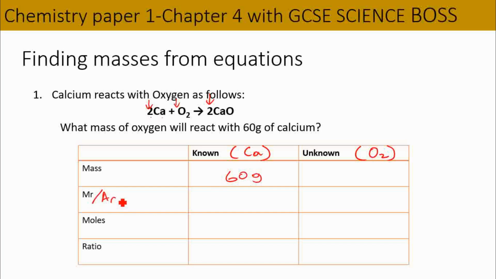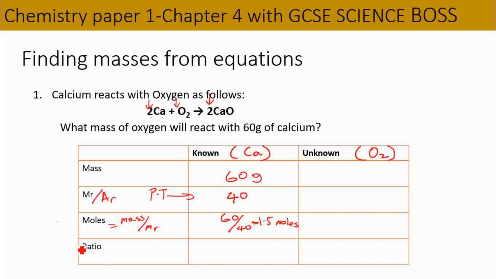What is my Mr? Or in this case it is Ar, because I'm dealing with an element. It's going to be 40. I get this from the periodic table. Then to work out moles, remember we said that moles is equal to mass divided by Mr, so it's going to be 60 divided by 40, which gives me an answer of 1.5 moles. Good. Then what's the ratio?